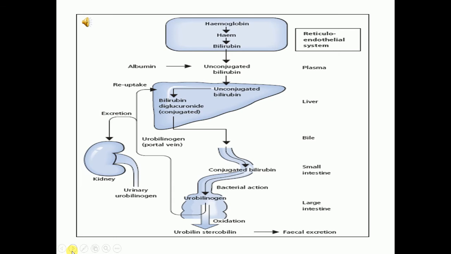The conjugated part goes to the large intestine and small intestine, and with the help of bacterial action it is excreted as urobilin and stercobilin in feces. So fecal excretion occurs here, and some part of bilirubin goes to the kidneys and is excreted as urinary urobilinogen.